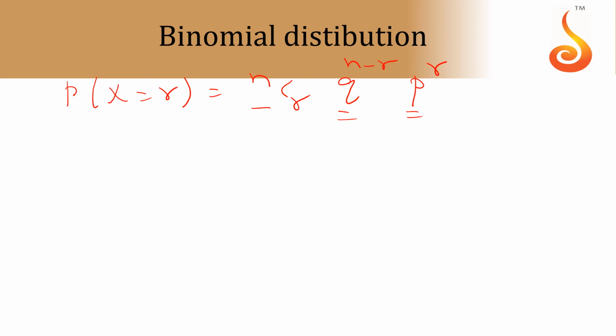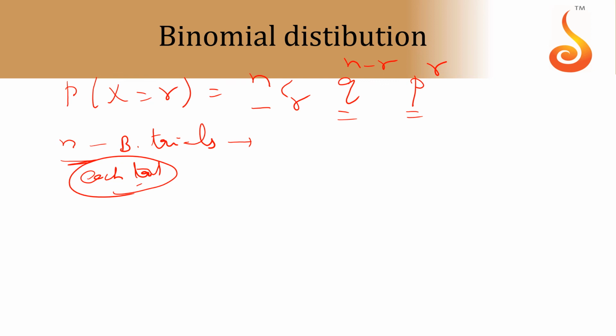So let us see. Suppose there are n Bernoulli trials. Bernoulli trials means independent trials. Each trial will have only two events called success and failure.